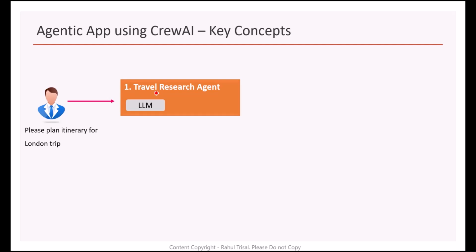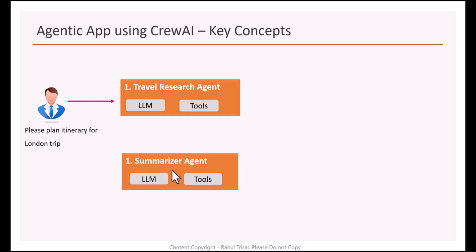And we could have an LLM from different service providers like OpenAI, Amazon Bedrock Service, Google, and so on. Next, this travel research agent would also have some tools. So these tools would enable this agent to research the internet and get back information for that tourist destination.